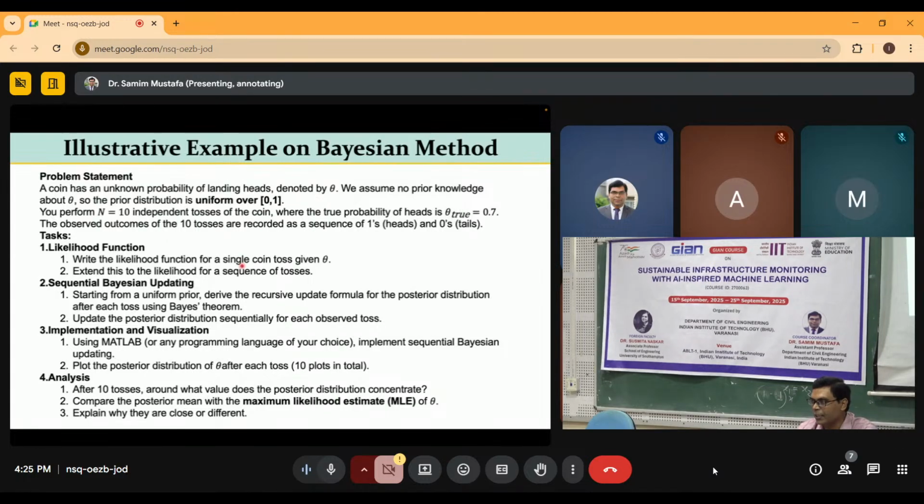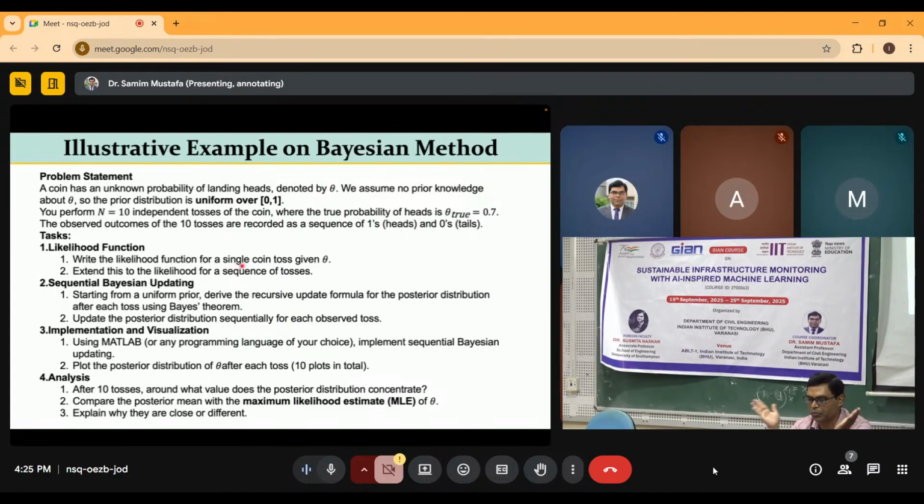Then based on the result of the first toss, with the Bayesian method, you will update your prior information. When you start the first toss of the coin, you are assuming equal probability. It could be head, it could be tail, no prior information.